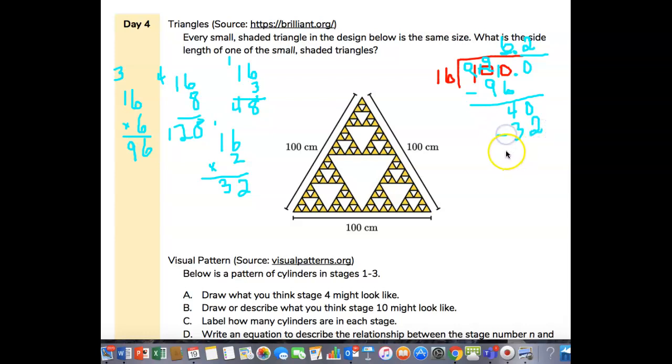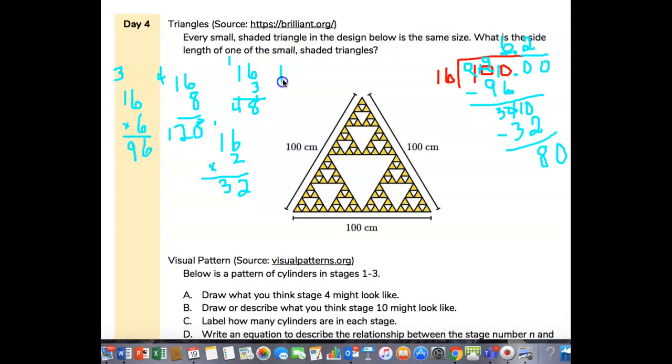All right. So we can't take 2 from 0, so we have to borrow from the 4, make this a 3. 10 take away 2 is 8. Still not finished. We have to add another 0 and bring it down. All right, so we know that it's higher than 3 because that was 48, but it's lower than 6 because that was 96.